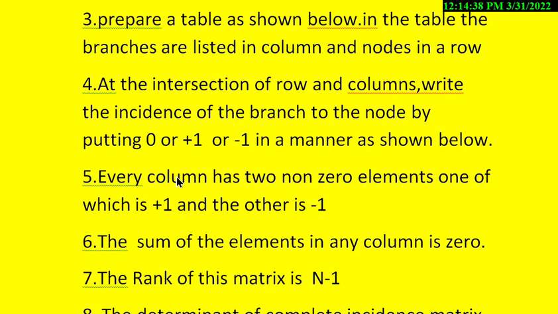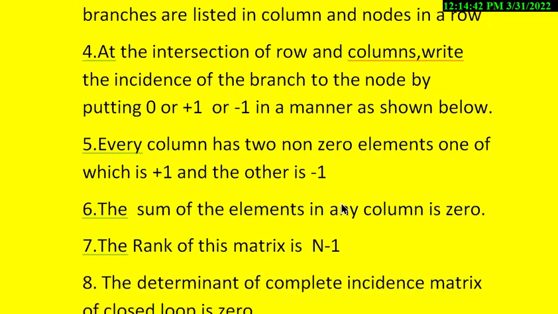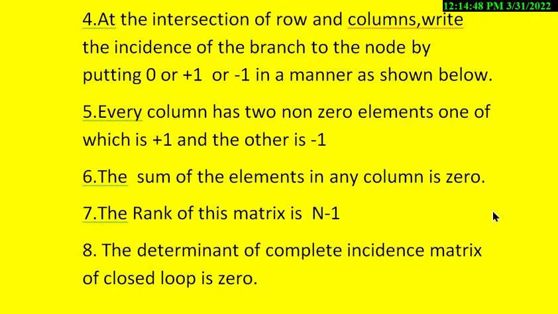The fifth one is every column has two non-zero elements, one of which is +1 and the other is -1. The sixth property is that the sum of the elements in any column is 0.